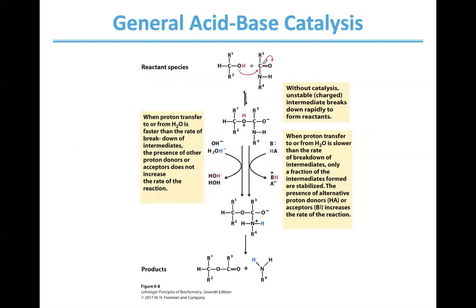So for example, here we see that there's an amide bond. It's going to be hydrolyzed, actually converted to an ester, to release the free amine and an ester at the end, right?